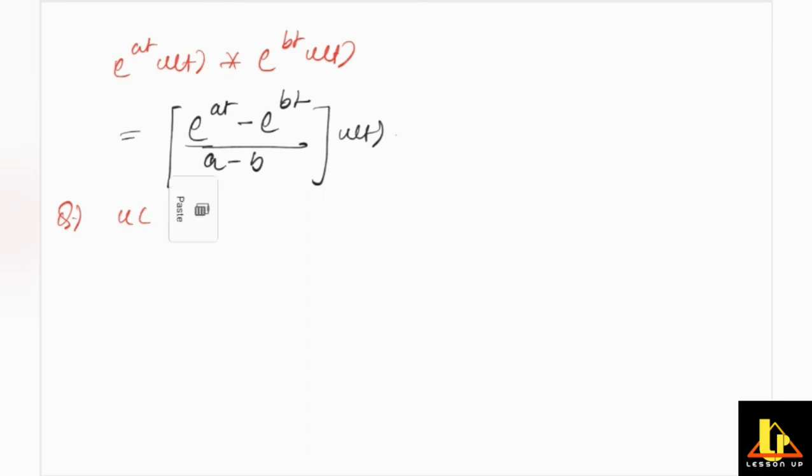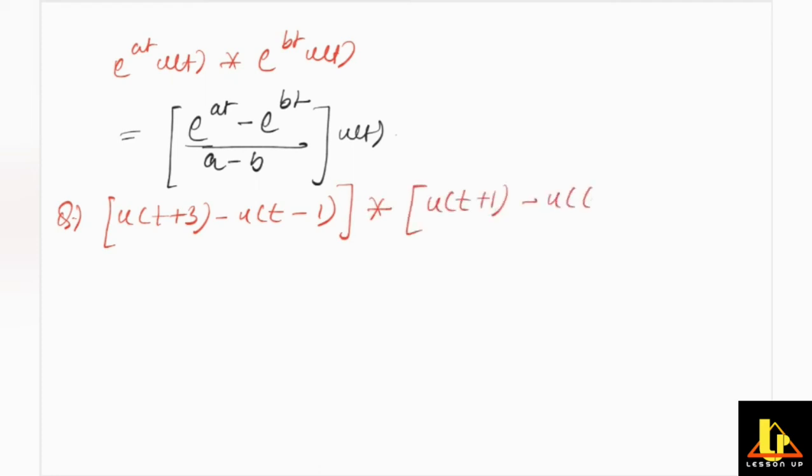If we convolve u of t plus 3 minus u of t minus 1 with u of t plus 1 minus u of t minus 1, what will we get?